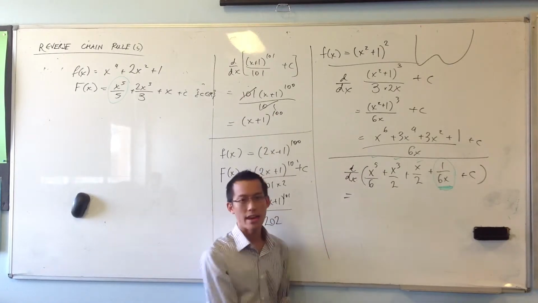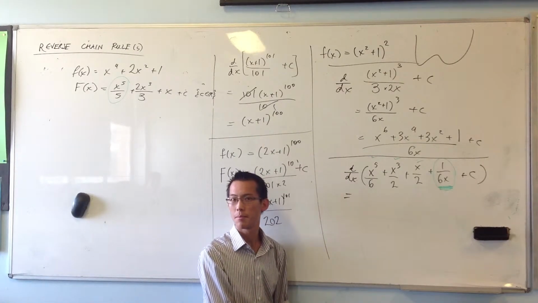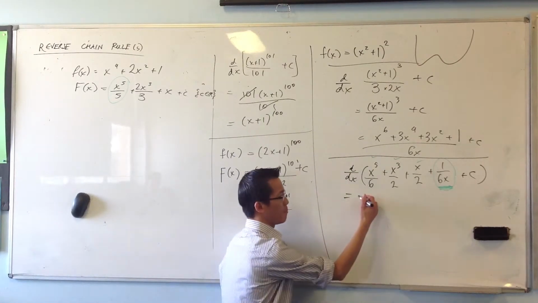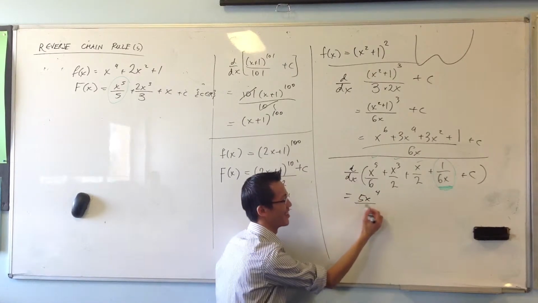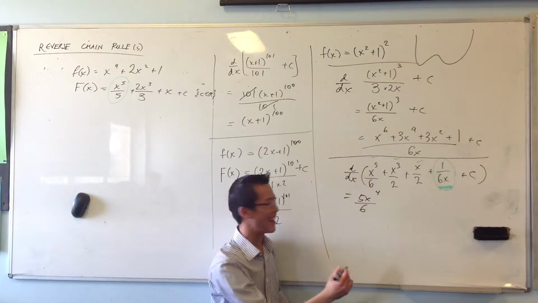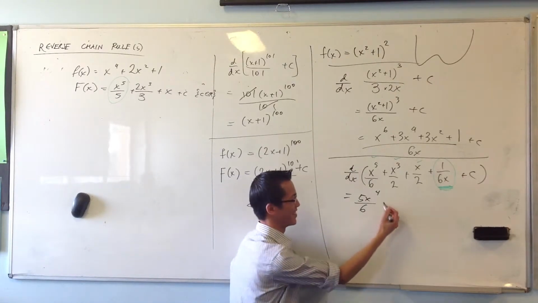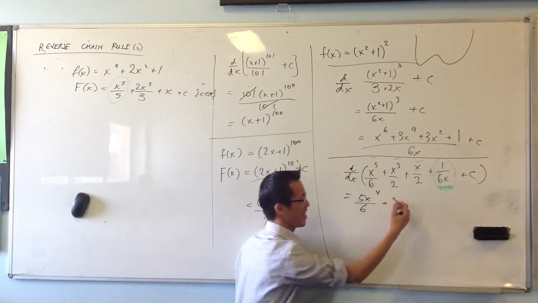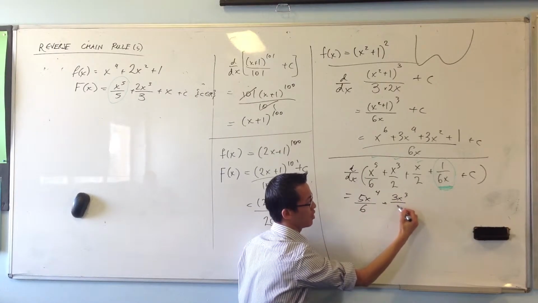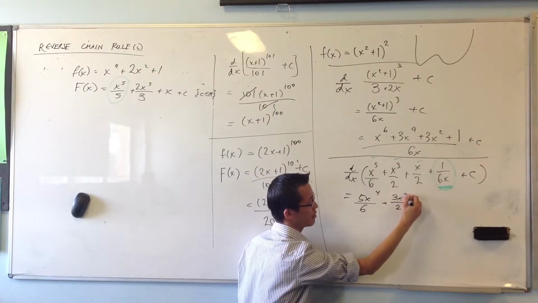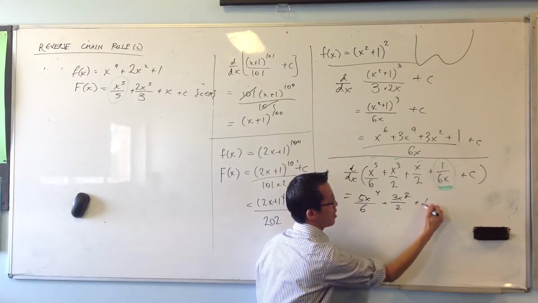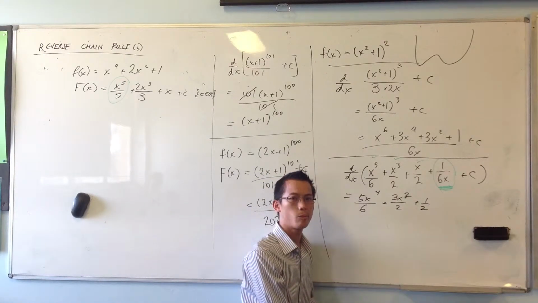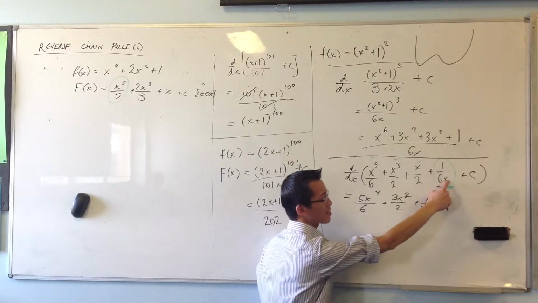Do it with me. x to the 5 on 6, what does it become? 5x to the power, power down, on 6. Okay, x cubed on 2 becomes 3x squared on 2. Plus half. That's just a half. What does this one become? Plus 6 on x, that's 6x to the minus 1.